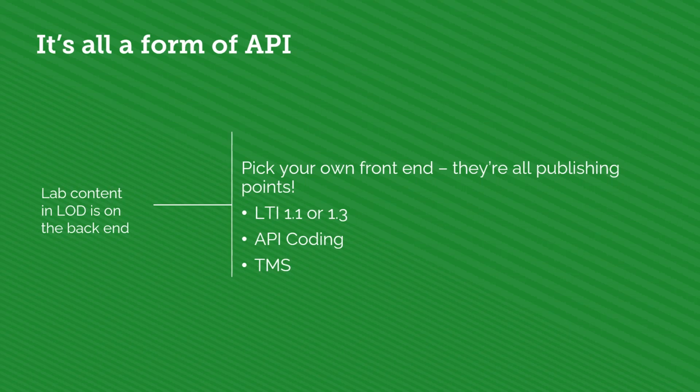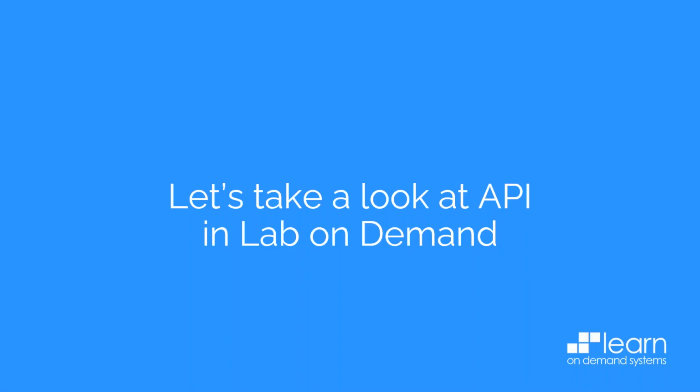All right. So it's all a form of API. Remember, your lab content is inside of Lab on Demand, and then you use these different publishing points. So what do these publishing points look like, and how do we make this happen? Let's take a look at API and LTI in Lab on Demand.